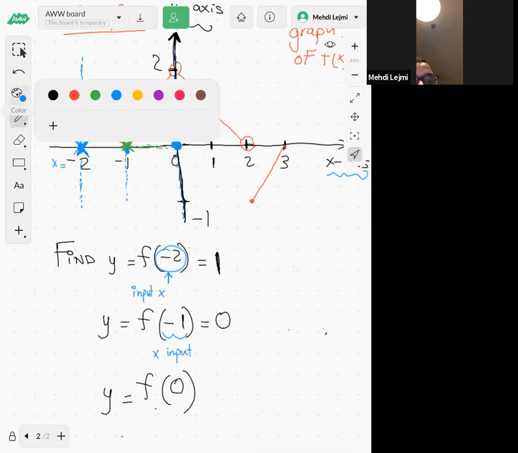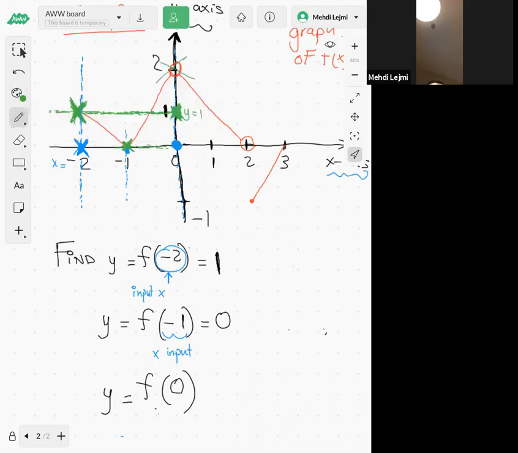In some sense, it's supposed to intersect the graph at this point here, right? But this point is an empty circle, so it's not included in the graph.